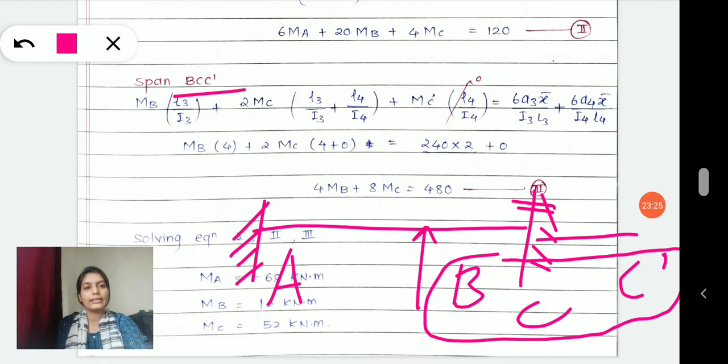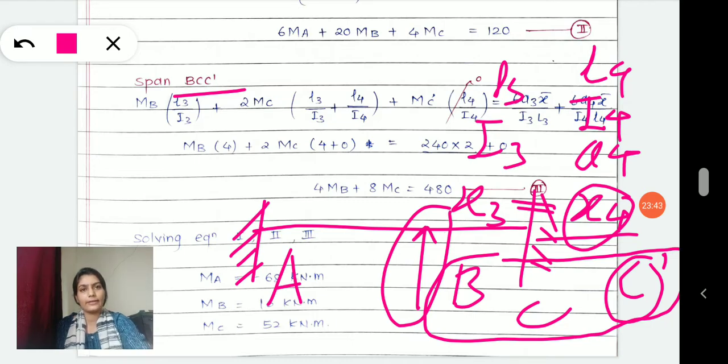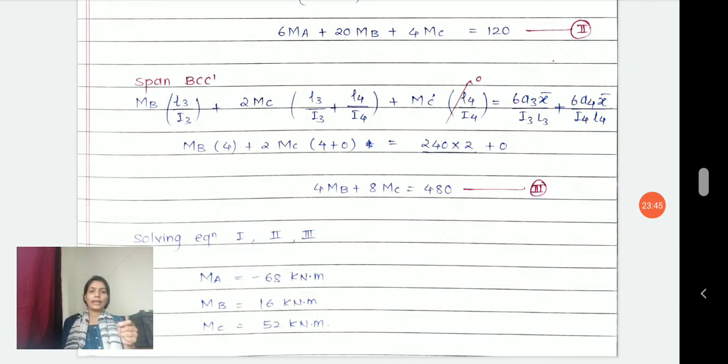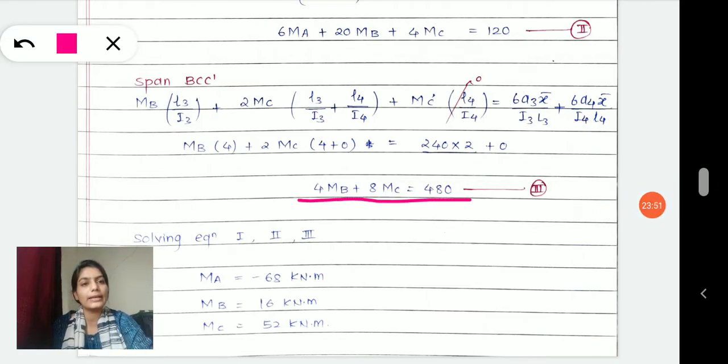You will take X3, I3 L3, here X4 A4 I4 L4. X3 will be from B side, X4 will be from C side. Put all the values and simplify the equation. You will get the third equation as 4MB plus 8MC equals 480, right?